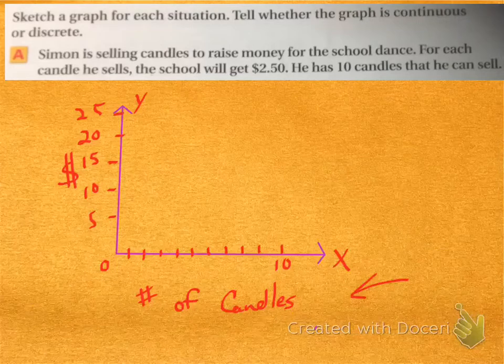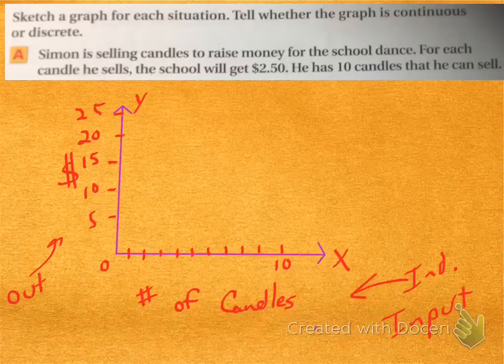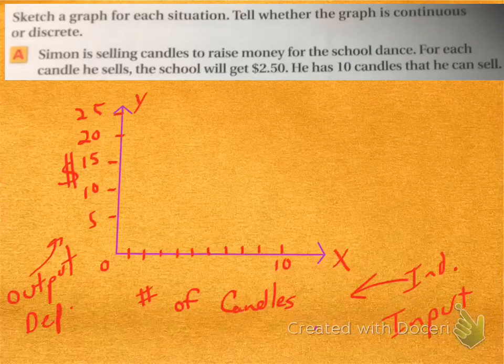So this is called my independent variable, or my input. Now this is considered my output or my dependent variable.